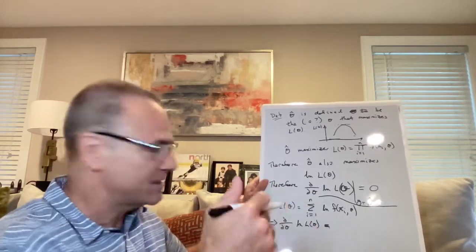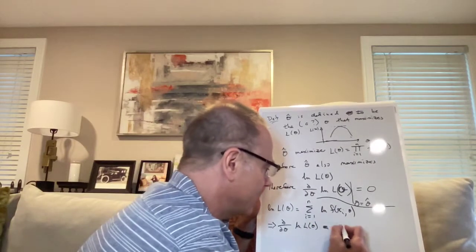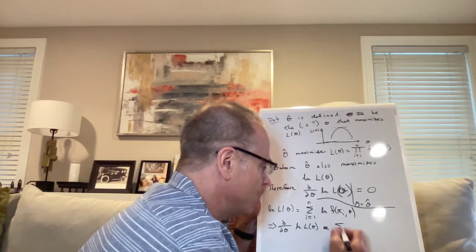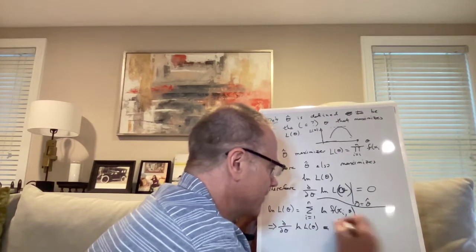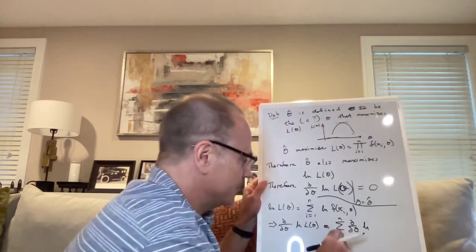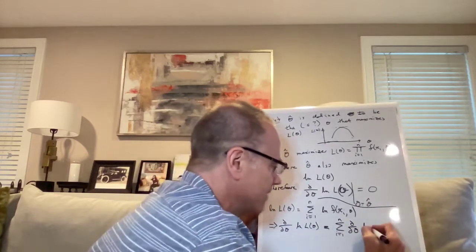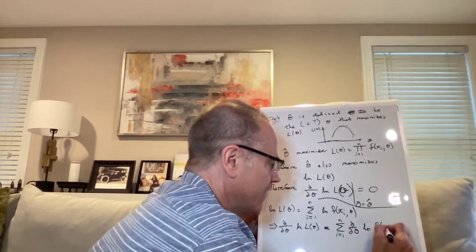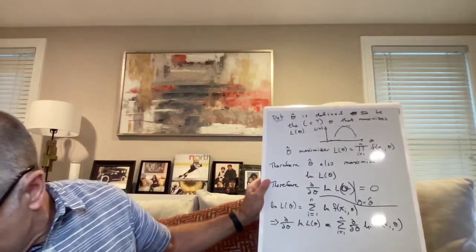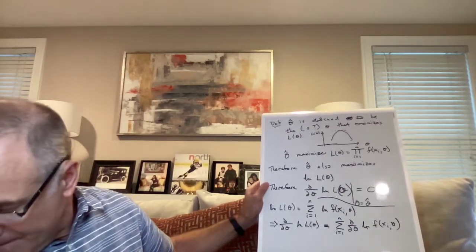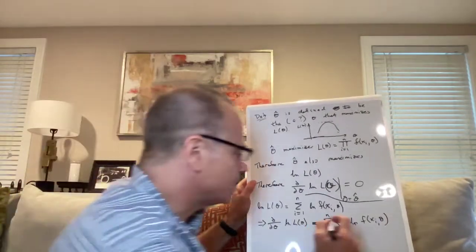So I'm going to skip a step and say that it equals the sum, i equals 1 to n, of the derivative of log f of x_i, theta.